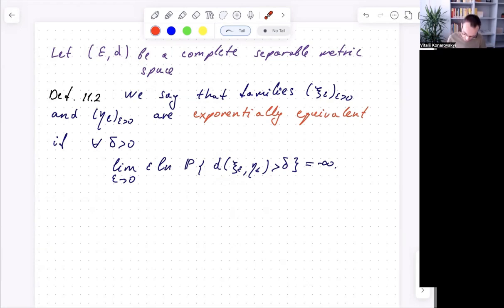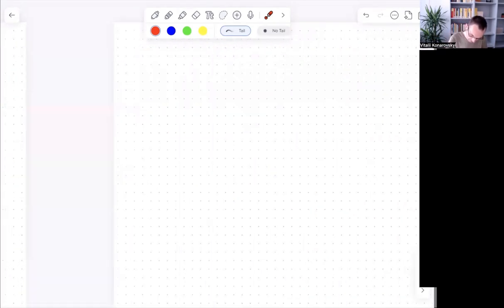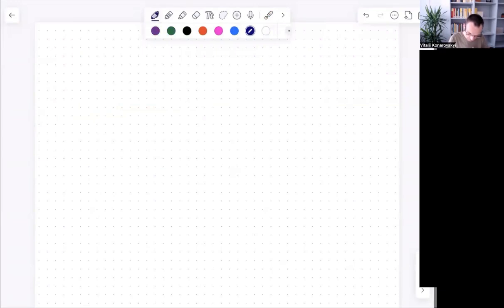Now we can formulate the proposition. Proposition 11.3.